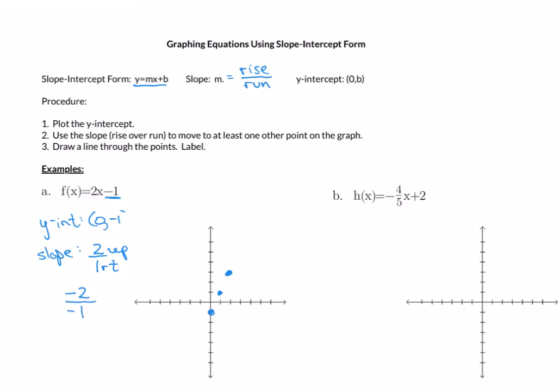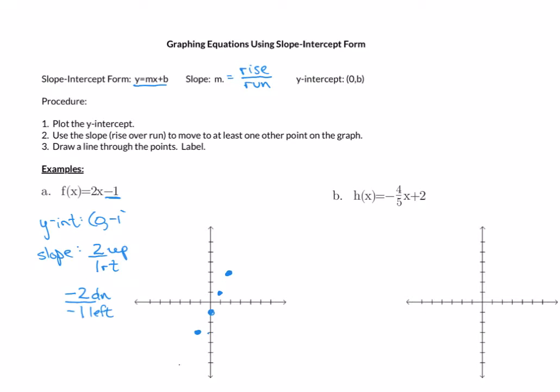Do you agree that that's also equal to 2? Hopefully yes, our negatives cancel out, leaving us with just 2. So if we did this, this would be 2 down and 1 left. So from any point on our graph, we can go 2 down, 1 left, and we should be right about here. If you notice, they all lay on a line.